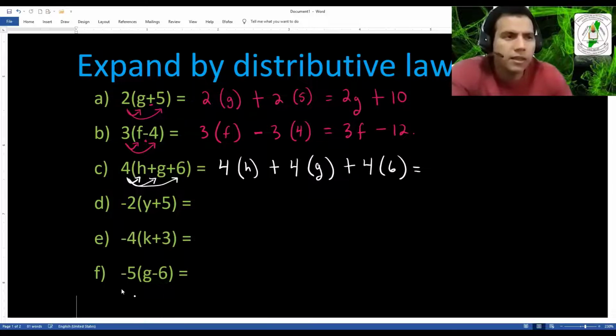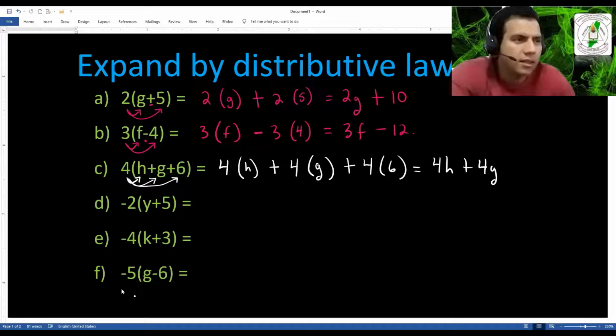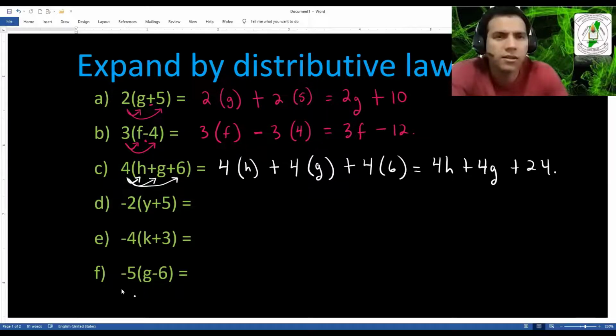So simplifying each one, 4 times H is 4H, plus 4 times G is 4G, and 4 times 6 is 24. So 4H plus 4G plus 24 is the answer, the expanded form of 4 open bracket H plus G plus 6.